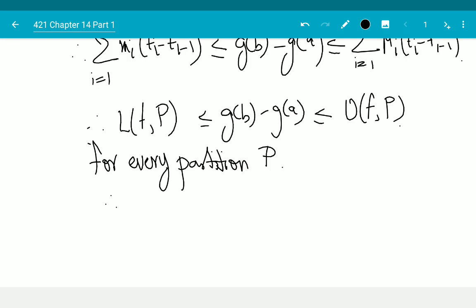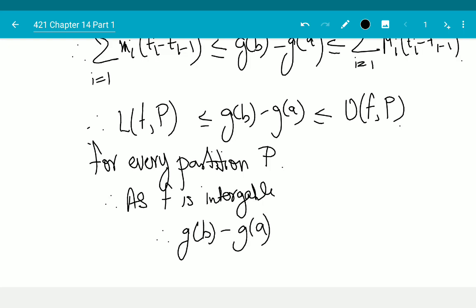Therefore, as f is integrable, the infimum of U(f, P) is the same as the supremum of L(f, P), which is equal to the integral. And therefore, by more or less this equivalent of the squeeze theorem, not exactly the squeeze theorem, but an equivalent of it, I get that this is equal to capital F.